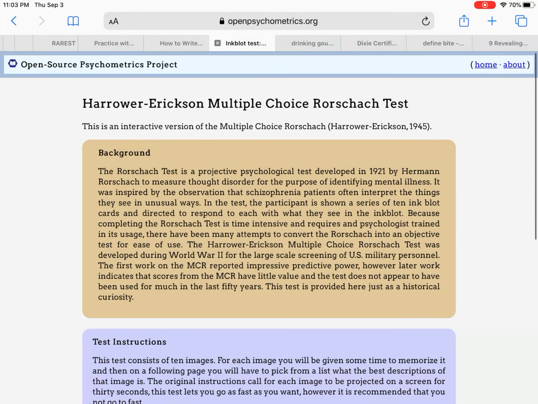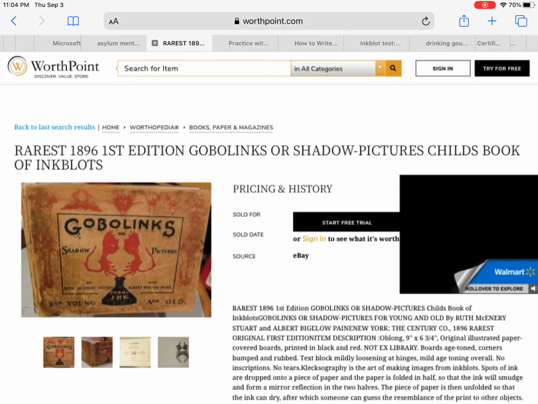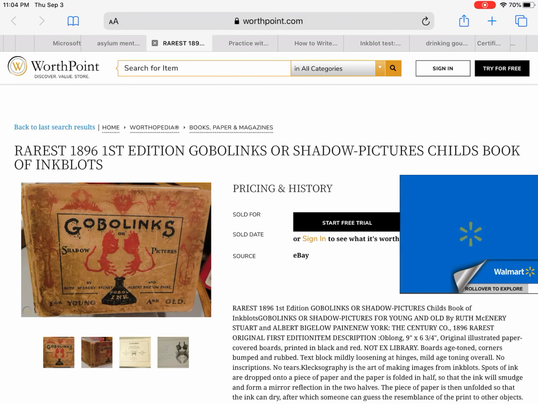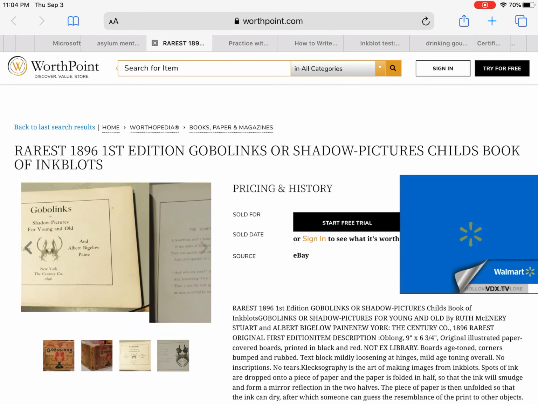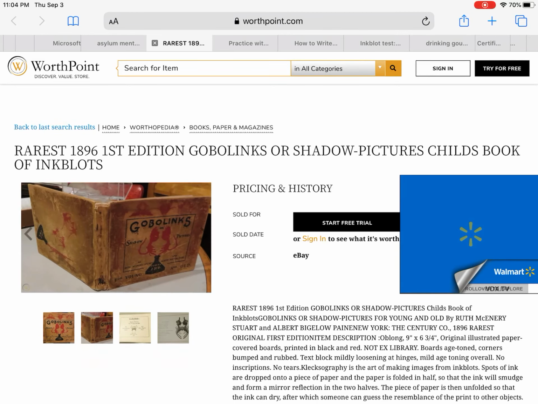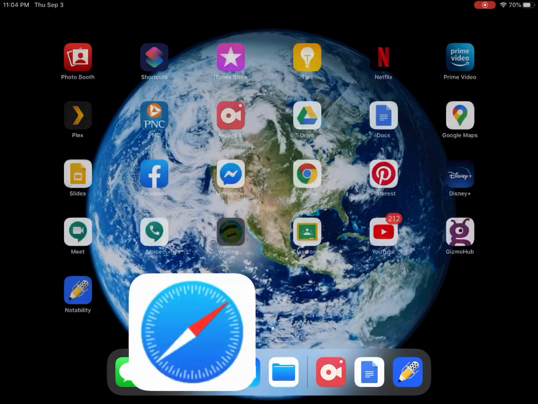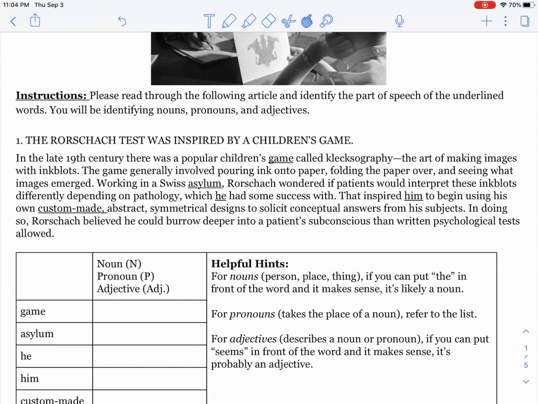Now, I had never heard of that before, so I went online and I saw this is the game. This is from, I think, 1896. This is like the actual game. So anyway, I thought that was interesting. So it says in there that it was a popular children's game called Klexography.